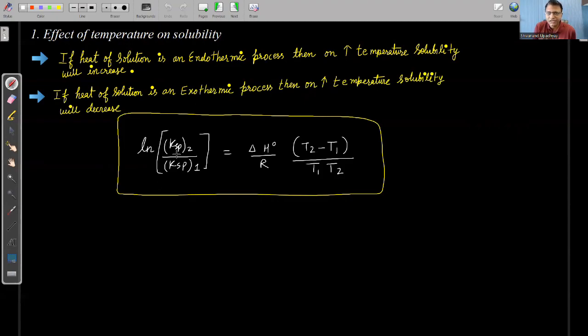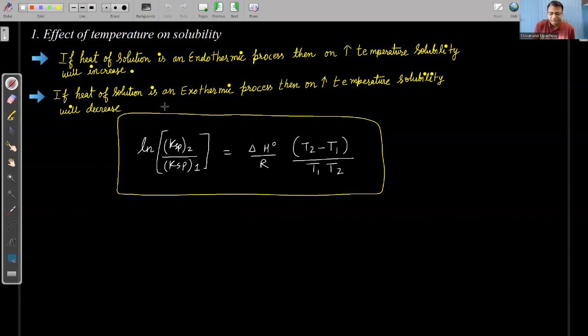The higher the value of Ksp, the more the solubility. If the value of Ksp is less, solubility will be less. So if the dissolution process is endothermic and we increase the temperature, solubility will increase, or the Ksp value will increase.